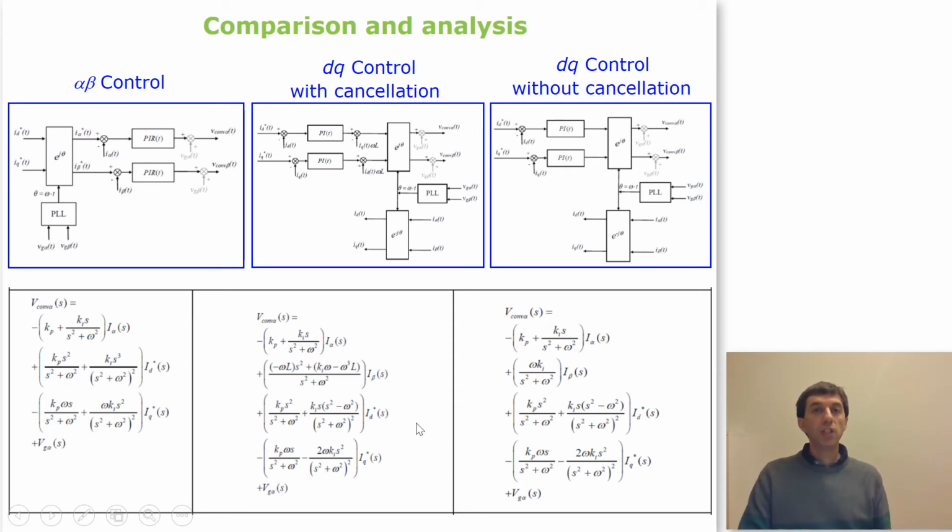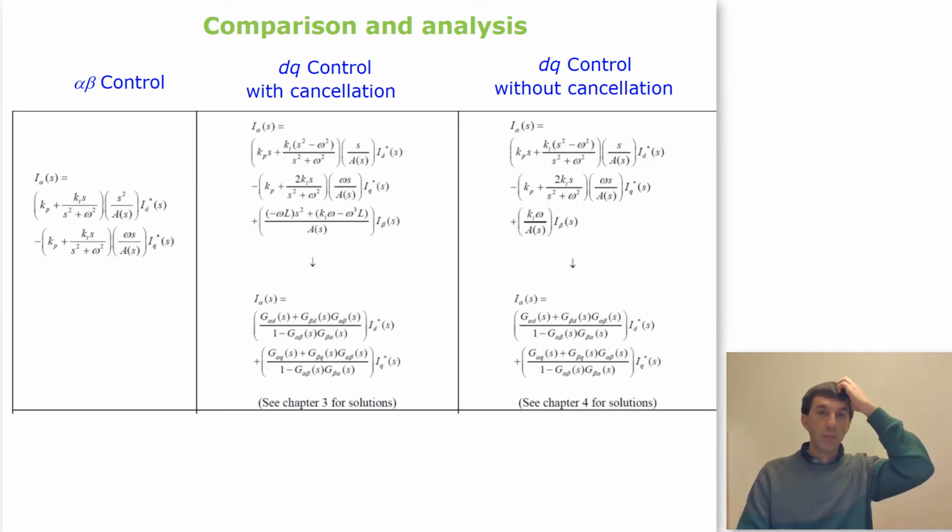So this is the mathematical model in Laplace domain for the controls, and if we apply the closed loop, we obtain the transfer functions. This is only represented for step inputs, not for sinusoidal or cosinusoidal inputs. We see the expressions for alpha beta control, for DQ control with cancellation and without cancellation.